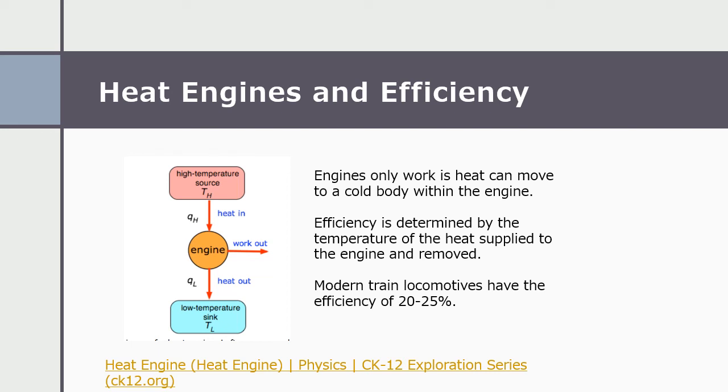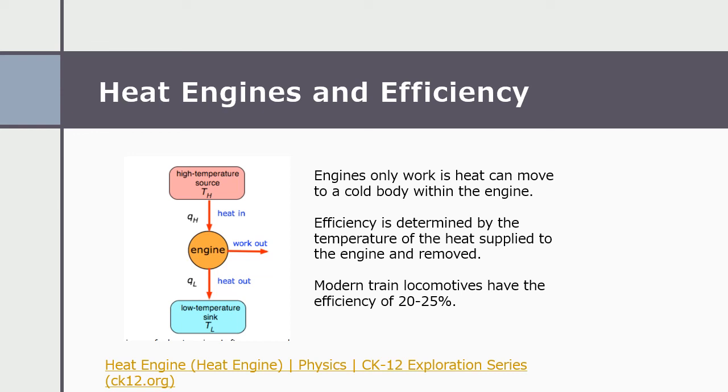Once the engine is turned on, that fuel is converted into heat in the engine. Whatever is used to move the engine provides work, while the remainder goes to the low temperature body and is released into the environment.